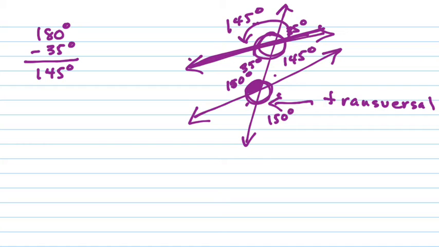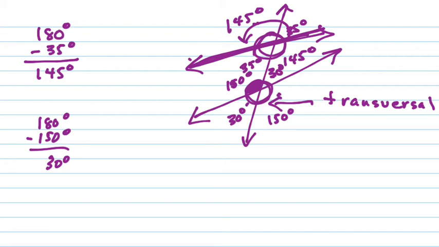And so I find those by doing what? 180 minus the 150, which gives me 30 degrees. So they are both 30 degrees. There you go. Okay? It's not confusing. You just have to practice. Anything new, you just have to practice.